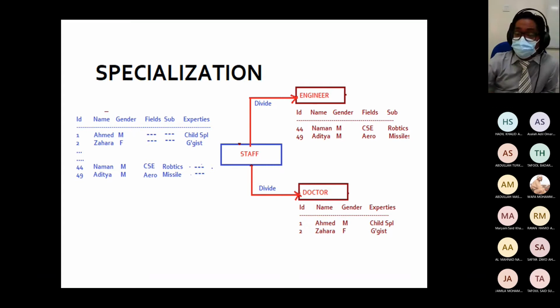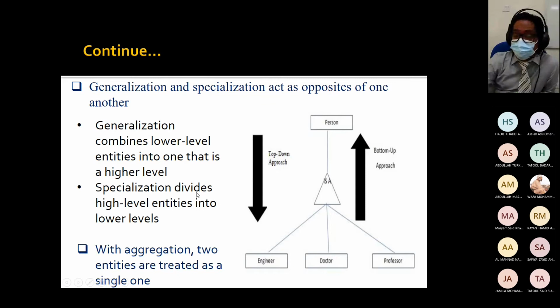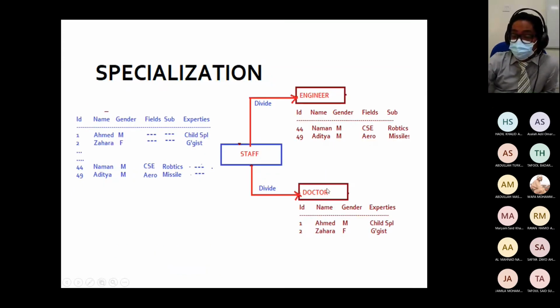A better example is suppose your high level entity is staff, and you divide them, you split them. This is the meaning, no? Specialization divides high level into low level. That's why it became like this, and this is what we have now for this example. We split them, or we divide them. And why? Because not all of these belong to each other, or maybe some are all the same when you divide them in that particular scenario.